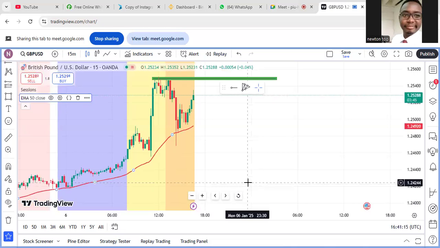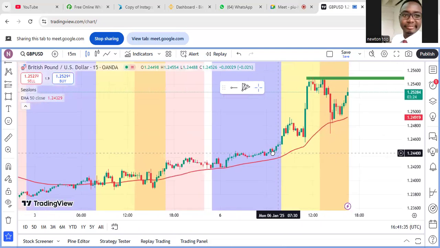So we should maybe expect a ranging market tonight, then expect tomorrow a long uptrend market on this GBPUSD.